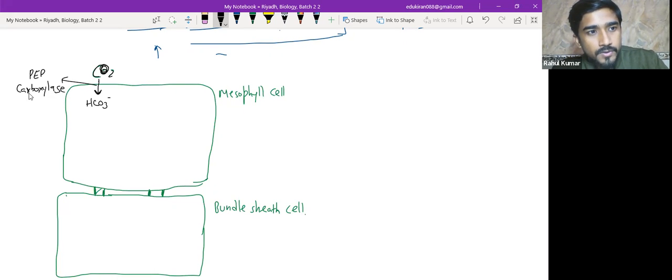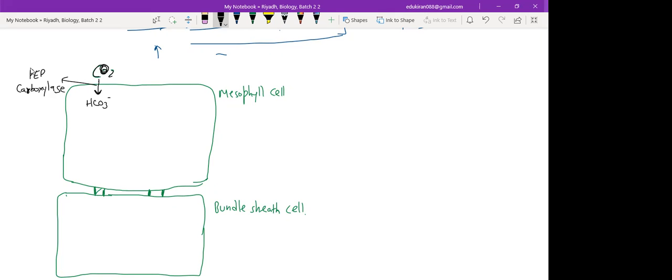So instead of Rubisco, the first enzyme that greets CO2 in this system is your PEP carboxylase. Is it clear? Yes, sir.